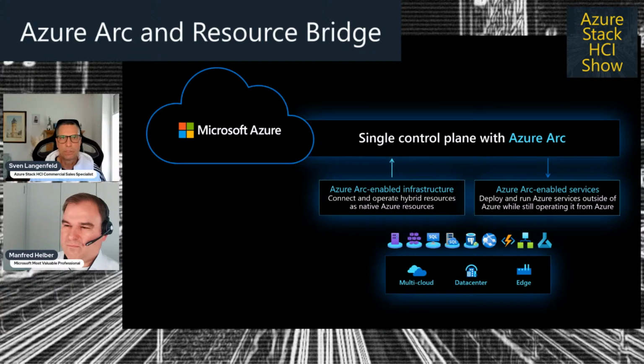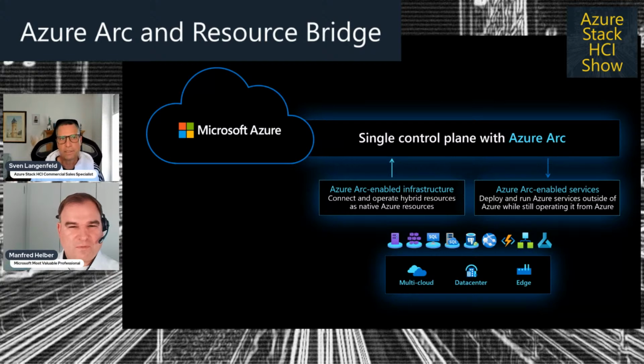So you are able to see everything that's outside of Azure inside of Azure. This is possible with Azure Arc enabled servers and Azure Arc enabled infrastructure. So you bring your non-Azure services or workloads to Azure, not physically. They remain in your data center or on your edge or in other public clouds, but they are visible in Azure.